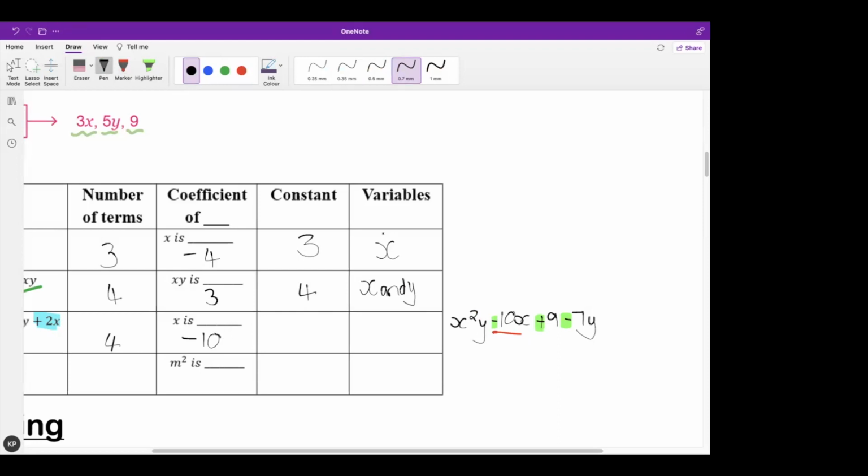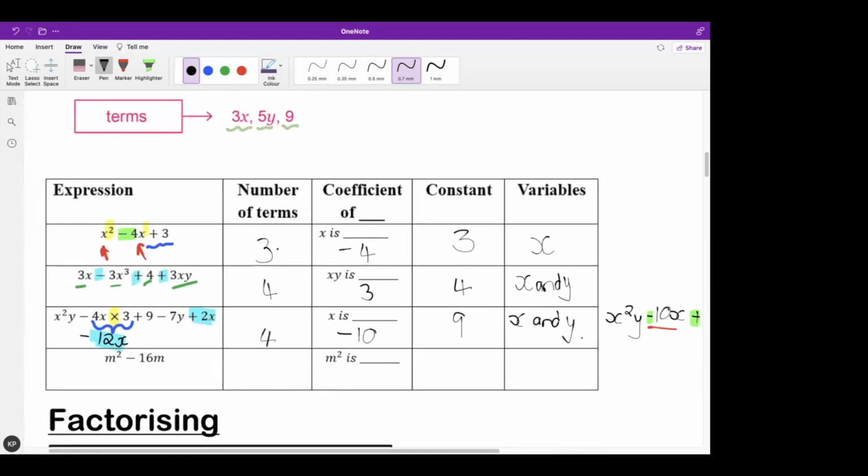What is my constant for this one? Nice. Neo, welcome. My constant is 9, and my variables in this case, again, we have an x and a y. Nice, guys. Beautiful.